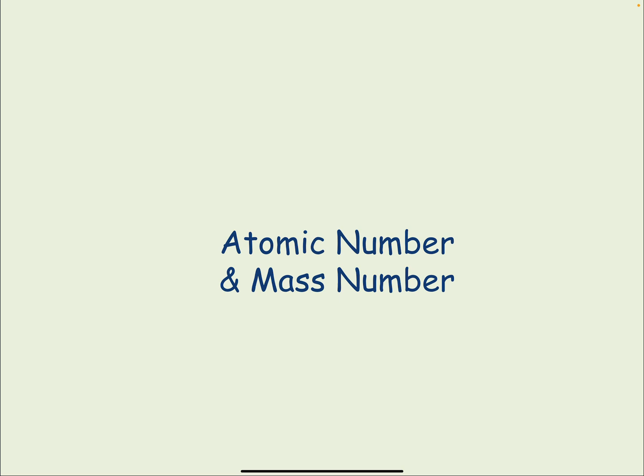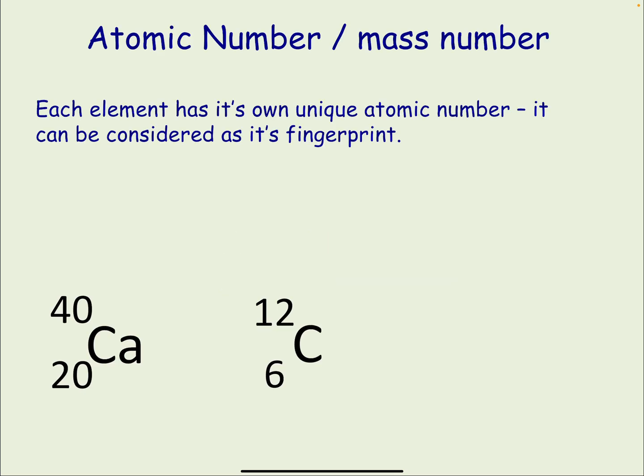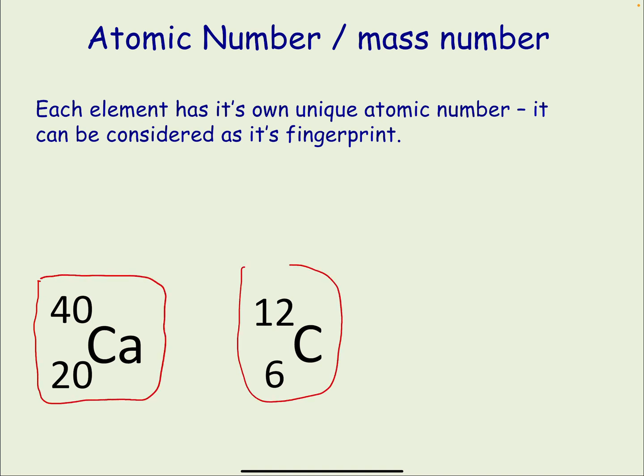Now, atomic number and mass number. We've covered atomic number. Let's go over something called the mass number. Now, you might see this kind of setup here, like these two here. This is the symbol for an element. This bottom number here is the atomic number.